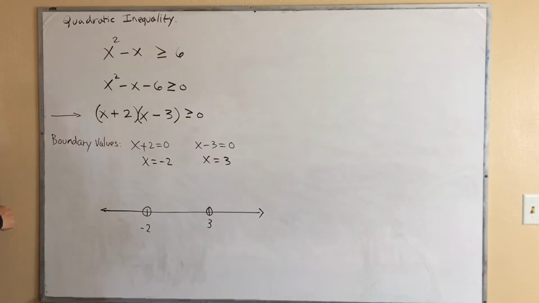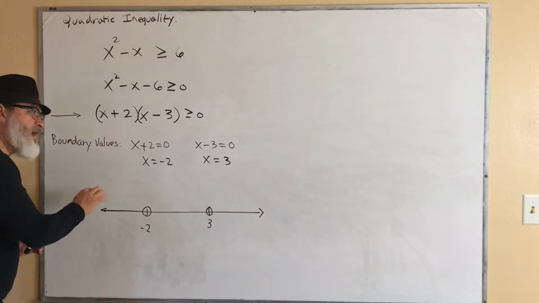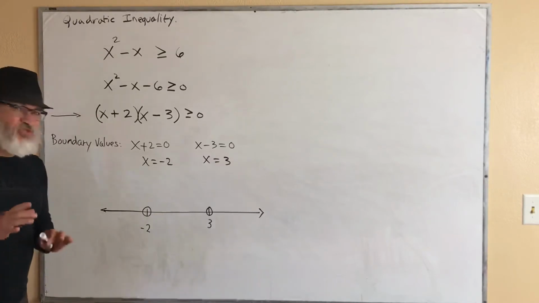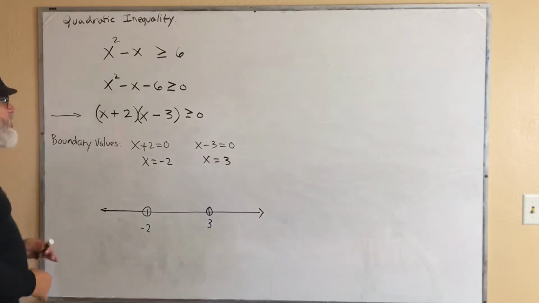If we get true, the region where the value came from gets shaded. If we get false, we don't shade it.